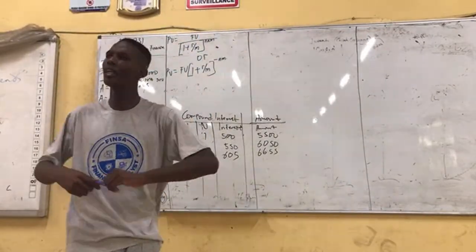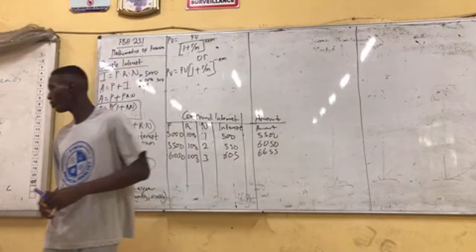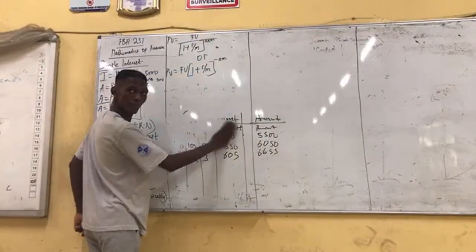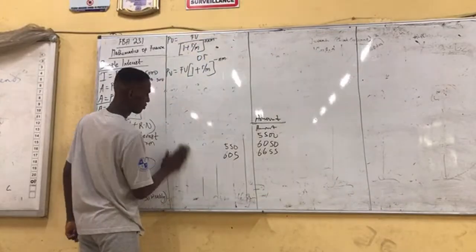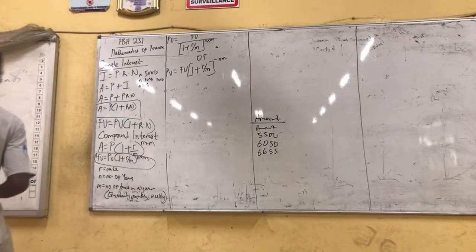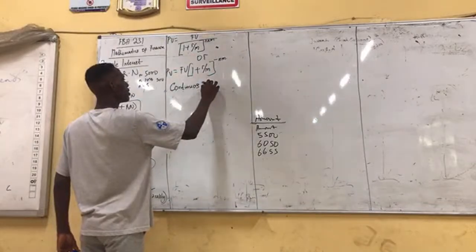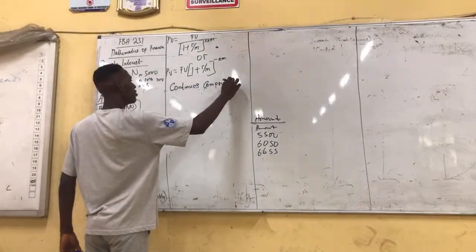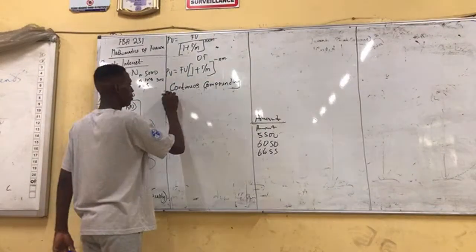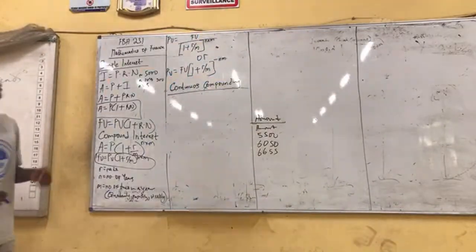You understand? Then the next thing is, if they ask you to compound it continuously, what do you do? If you are asked to compound it continuously, let me call it continuous compounding.